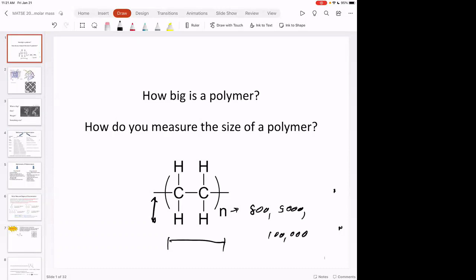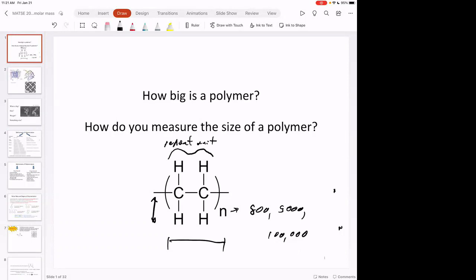And if you multiply, what's this structure called right here? What do we call that in polymers? Repeat unit, right? This is the ethylene repeat unit, or polyethylene repeat unit.